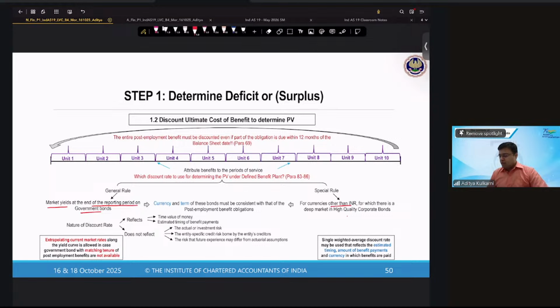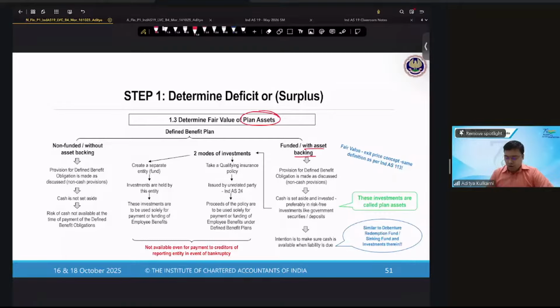Then you will do based on high quality corporate bonds. You will do the discounting based on high quality or no asset backing. One is called funded, one is called non-funded. What do you mean by non-funded? I will go on booking the obligation, but I will not create a fund for it.